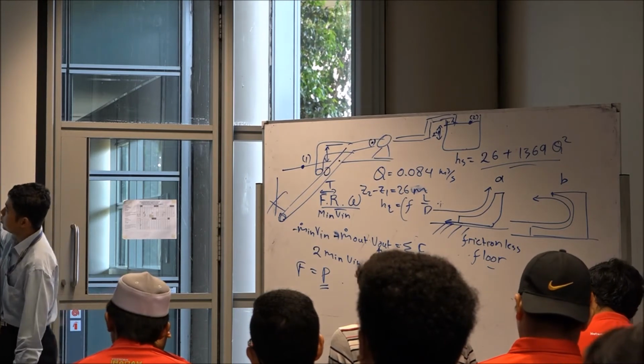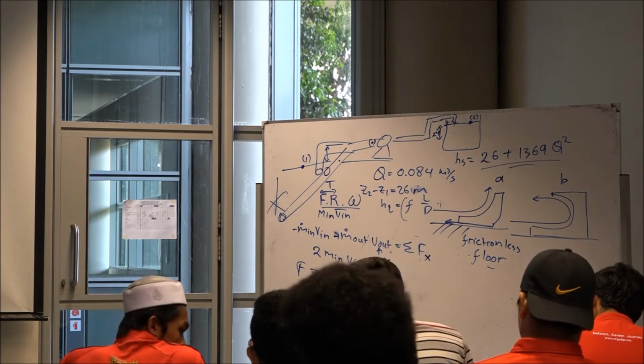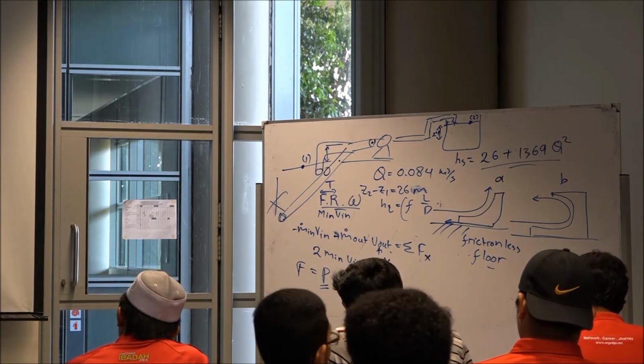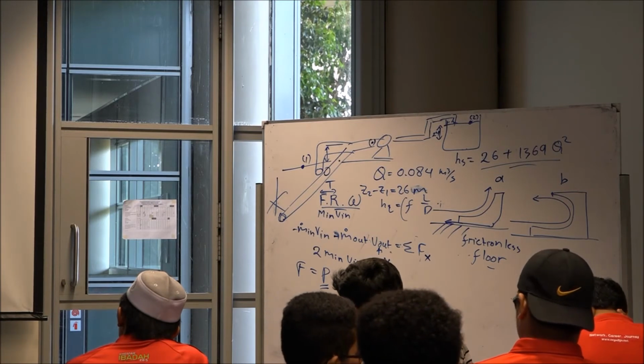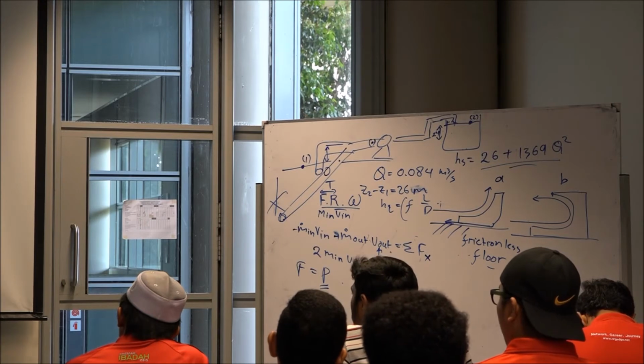Now you plug in everything, you get this. 60 is equal to V1 squared over 2g times something. You know where this 30 comes from? KL. Sure, KL.